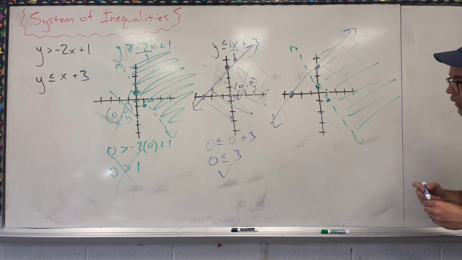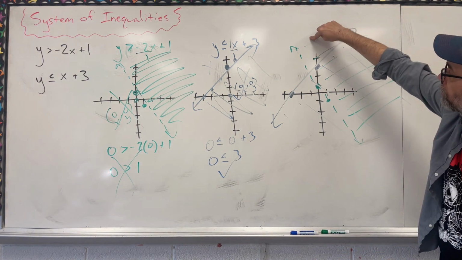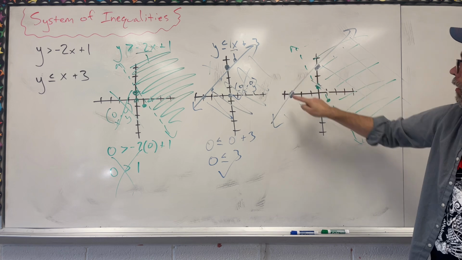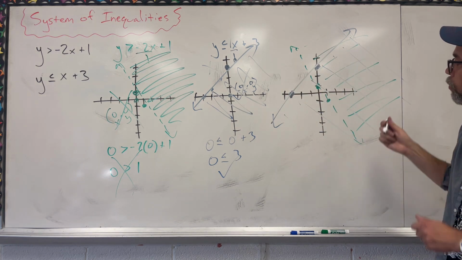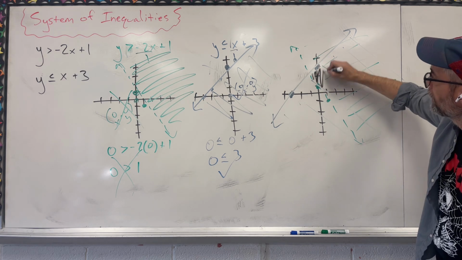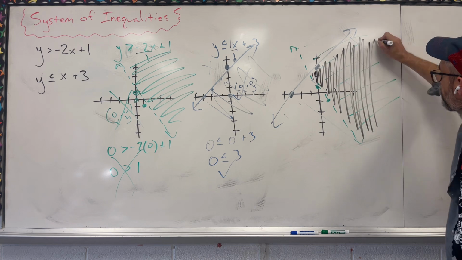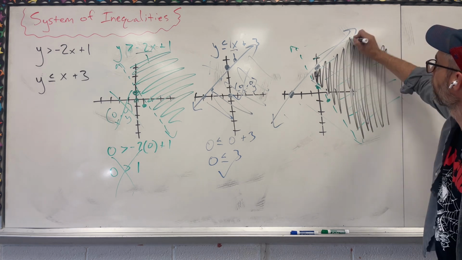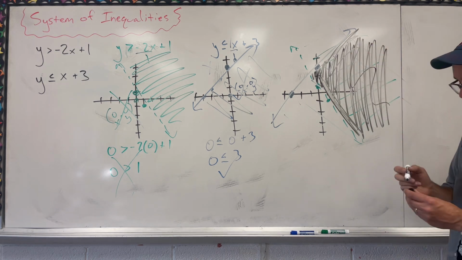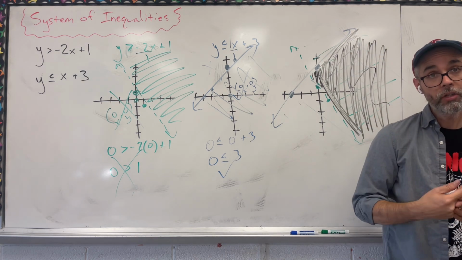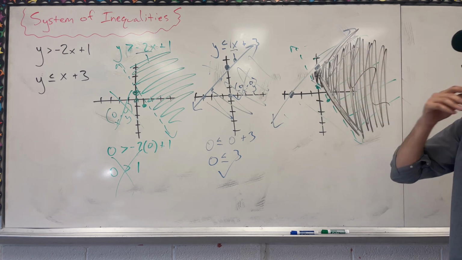I need to know where the two regions overlap. Well, I only have one shading up here. I have nothing here. I have just one here. Over in this corner is where we overlap. So what do we need to do? We need to exaggerate. We need to color in that section to say this is where everything overlaps. Everything there, there, and in between. So a solution to this system is anything in this colored in black area over here.